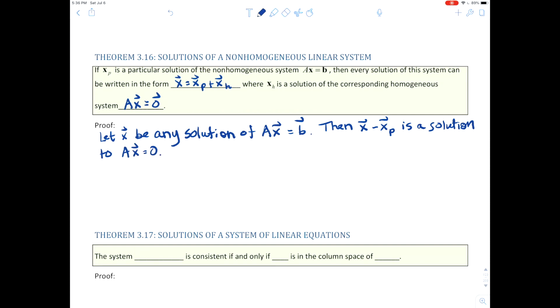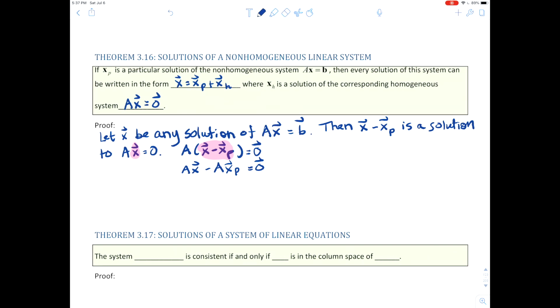So what are we going to have? A times X minus XP is going to have to equal to 0, just plugging it in. So I'm plugging in this quantity for the X. And what does that give us? That gives us that A times X minus A times XP is equal to the 0 vector.